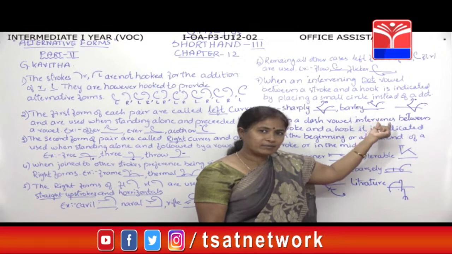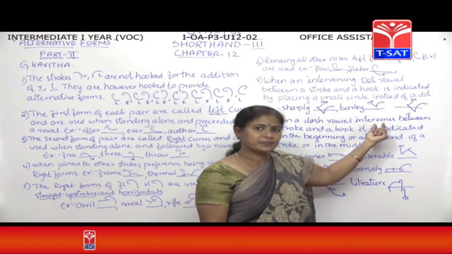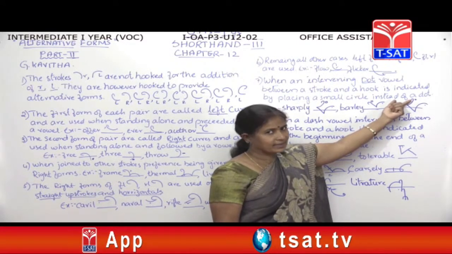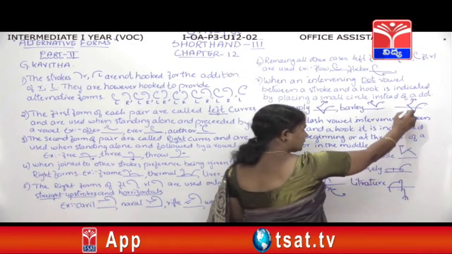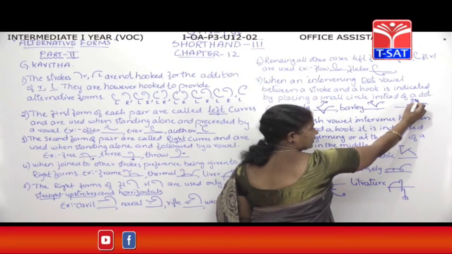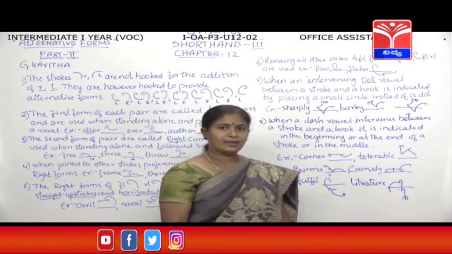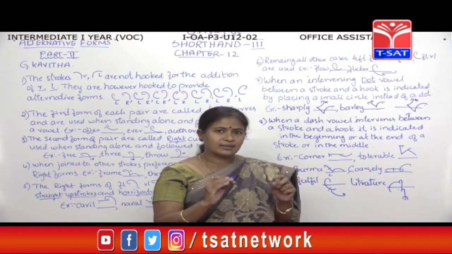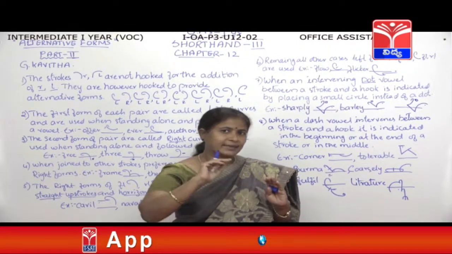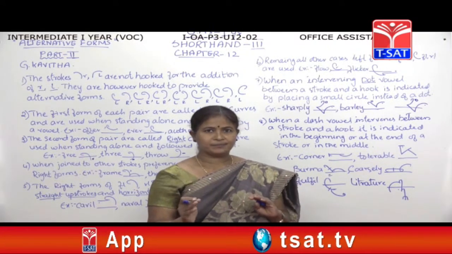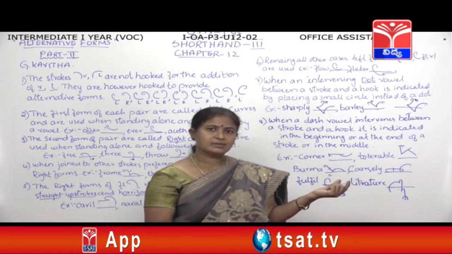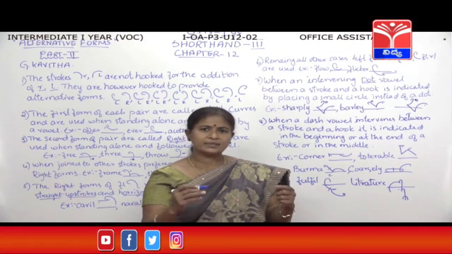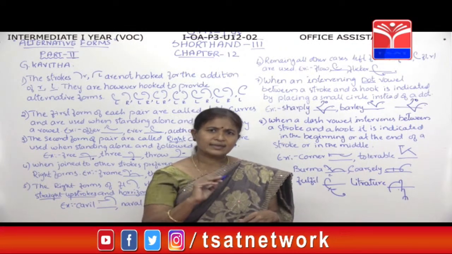In between we have a vowel. Where do we place it? Do we place it inside the hook? We can't place it. So instead of this vowel, in the place of this vowel, we place a small circle. Why? We haven't placed a small circle anywhere for vowels until now. Now we place it, because in order to avoid confusion: a vowel means we place the vowel and we sound the vowel. But do we place a circle and give the vowel sound?